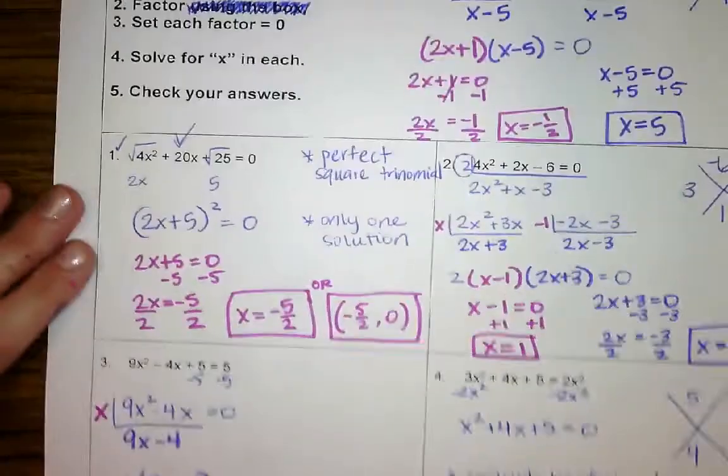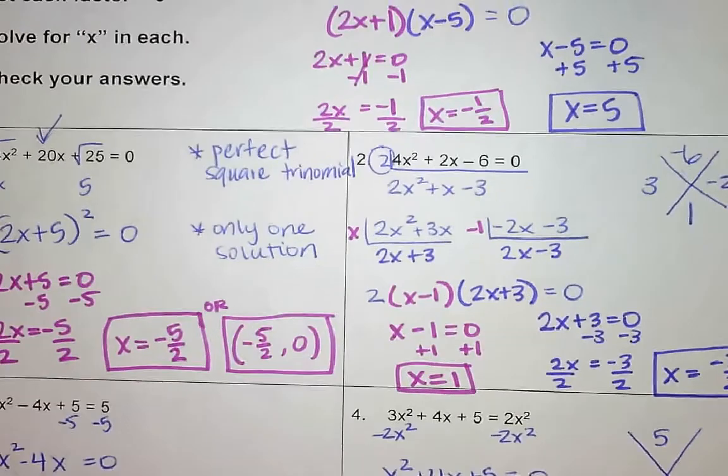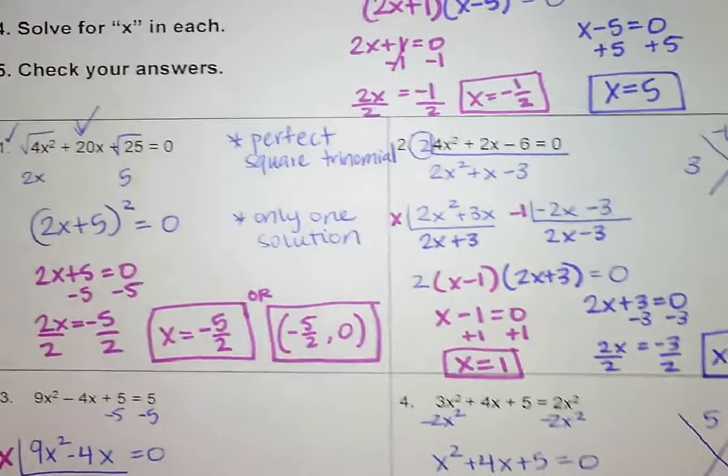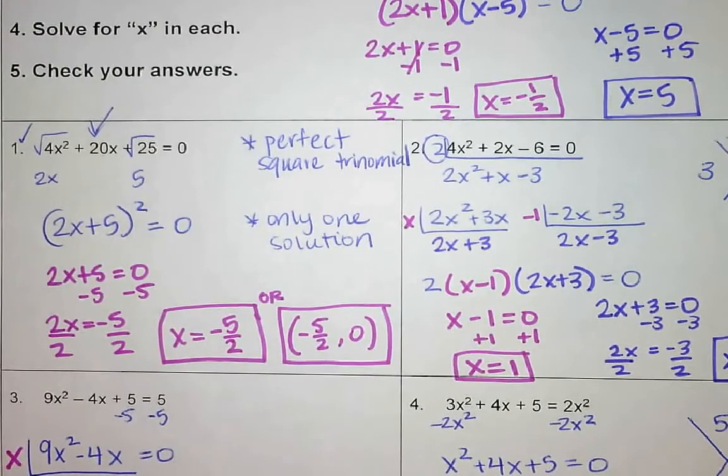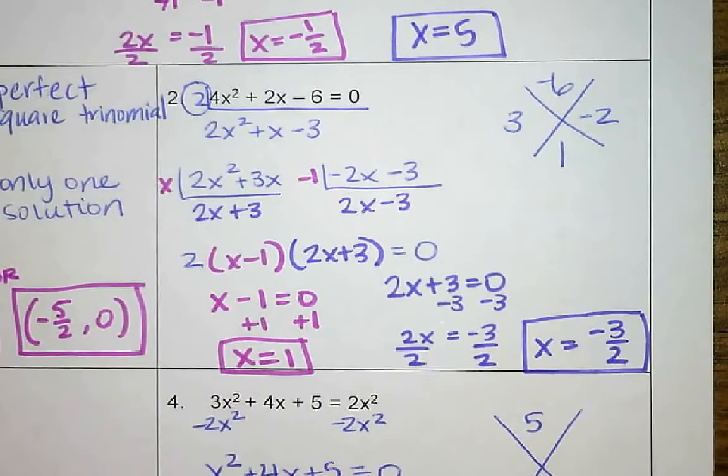It was the opposite sign, and you divided that constant by the coefficient. Here it was the same thing. X minus 1 was one of my factors, and my solution was x equals 1. 2x plus 3 was one of my factors, and my solution was negative 3 over 2. Does that make sense, you guys?